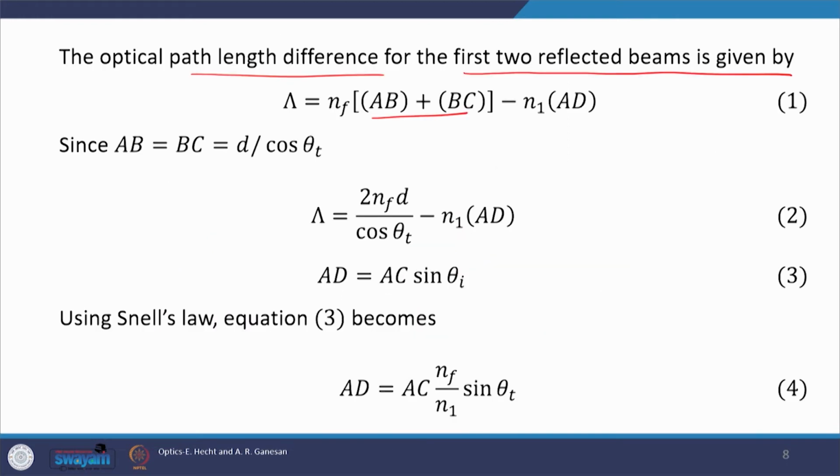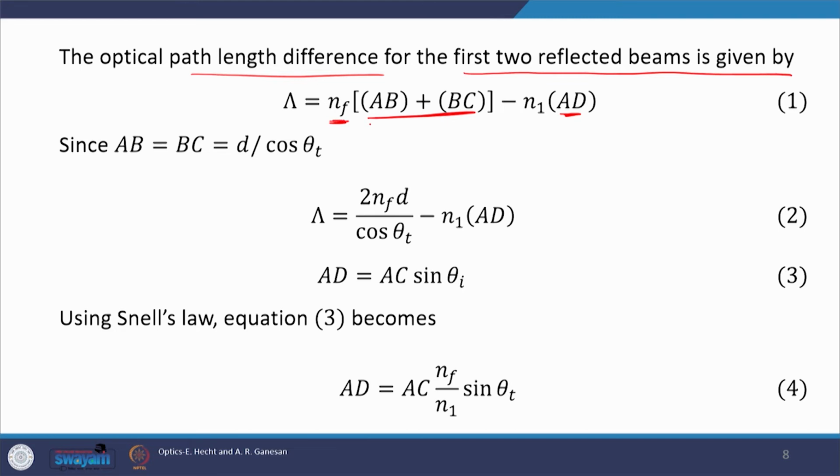This is the AD, but to calculate the correct optical path, we will have to multiply these lengths with the corresponding refractive indices. And what are the corresponding refractive indices? In the film, the refractive index is NF.